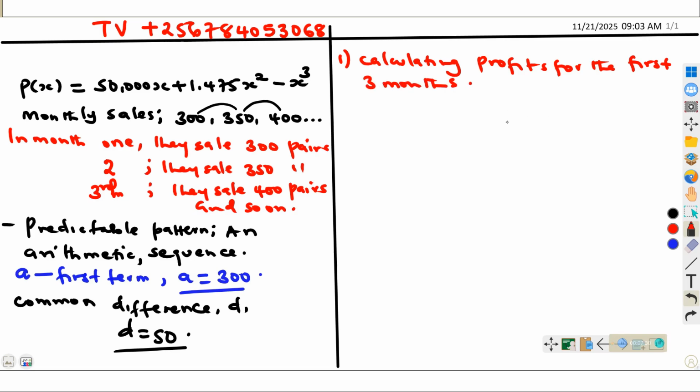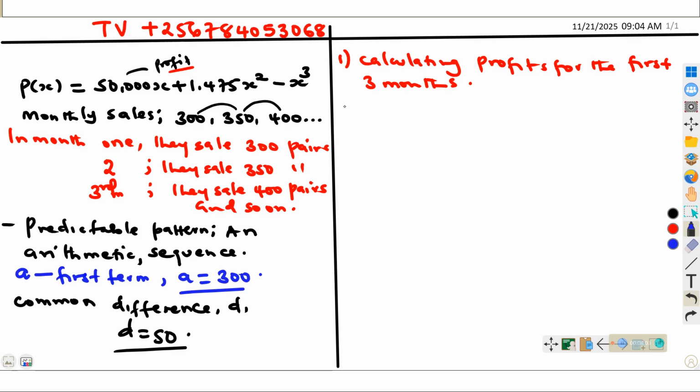This is a great warm-up for all of us to be comfortable with the polynomial function that we are given, which is the profit function. For that, we need to find the profit for the first 3 months, and to do that, we need to know how many shoes were sold in each month, which we have already been given.